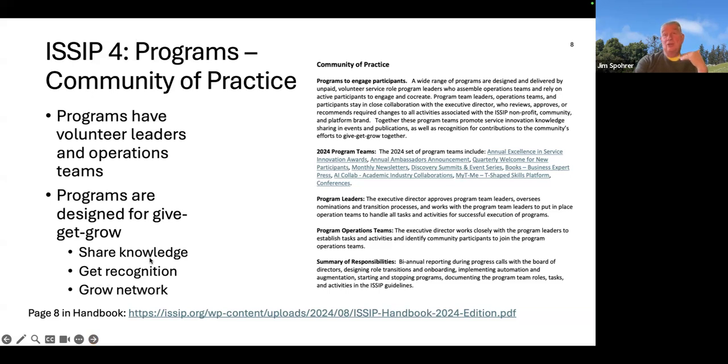Well, but you can share your time and volunteer to work on collaborative projects like the AI CoLab student teams. They're sharing their time and their expertise to develop projects that benefit ISSIP. So page 8 of the handbook lists the different programs in our community of practice. And again, there's program leaders and program operations team, lots of volunteer opportunities to help with these different programs.